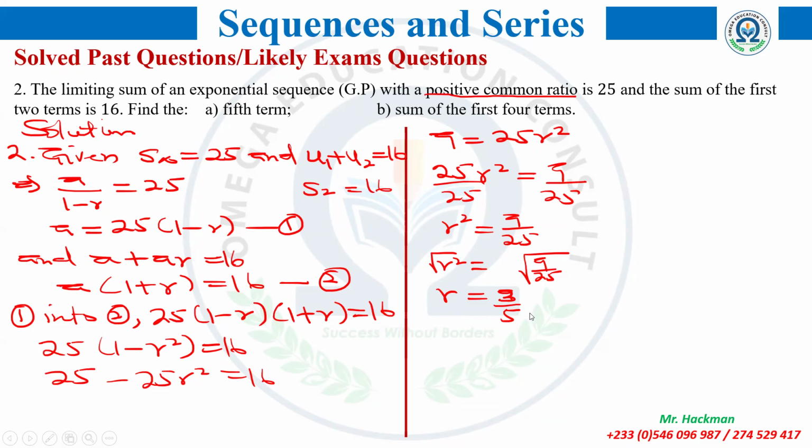The other one, we didn't do that because we realized that R had 2 values. So we straight away used it. But here R is only 1 value, so label it and go and substitute that equation label into this equation label. Is that clear? And that will give you your A.